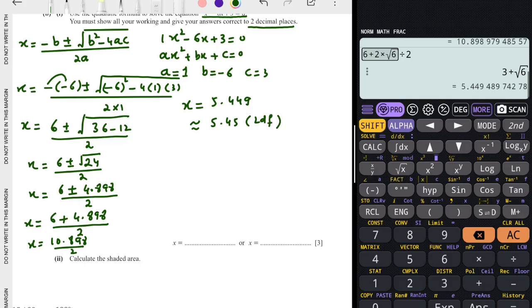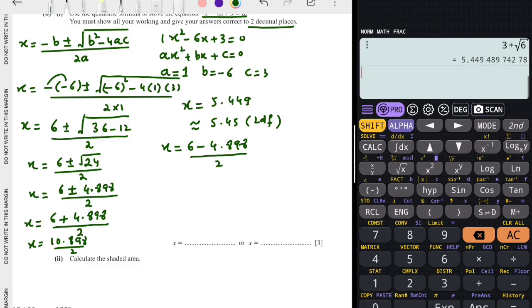Now second part of the question, that is x is equal to 6 minus 4.898 divided by 2. We use calculator. 6 minus 4.898 is equal to 1.102 divided by 2.